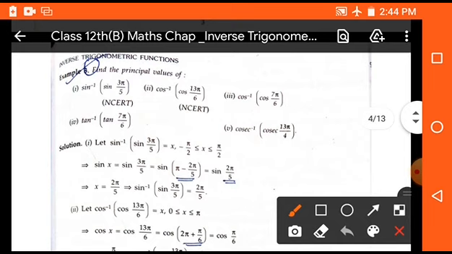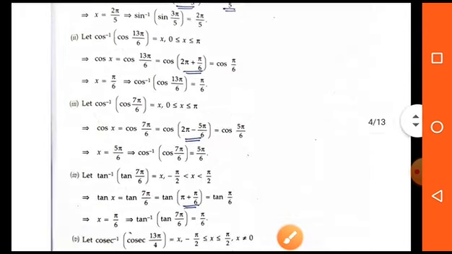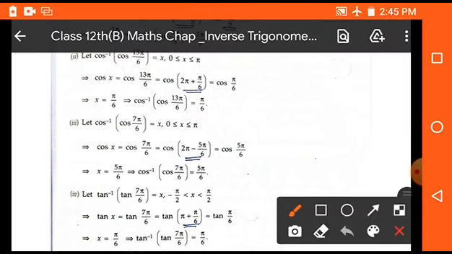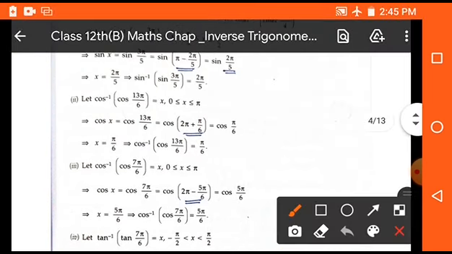Now student, we will discuss some more examples. Cos inverse in bracket cos 13 pi upon 6, and we have to find the principal value of this given function. So student, first of all we will write cos inverse in bracket cos 13 pi by 6, and here a condition is given, x belongs to 0 to pi.